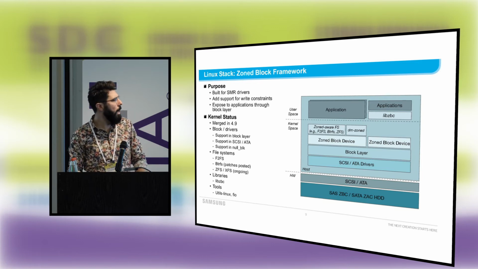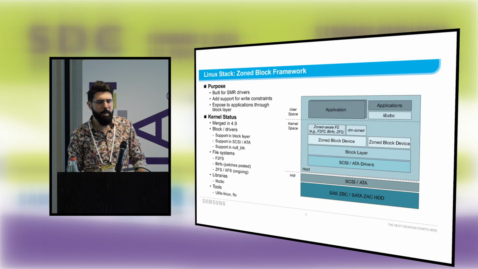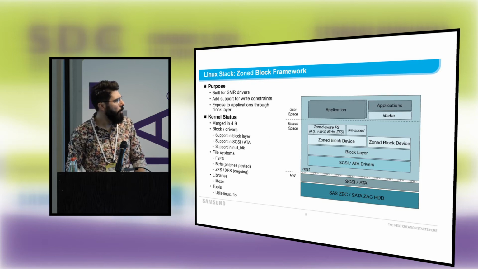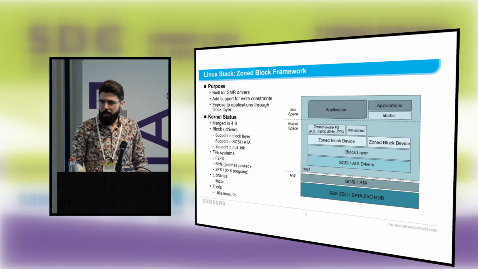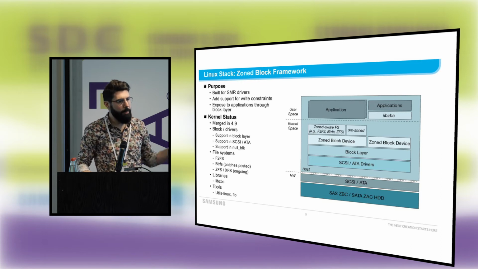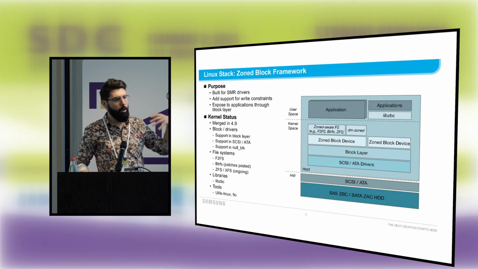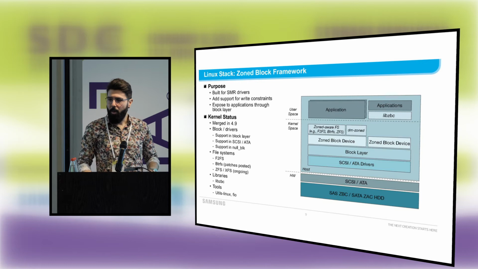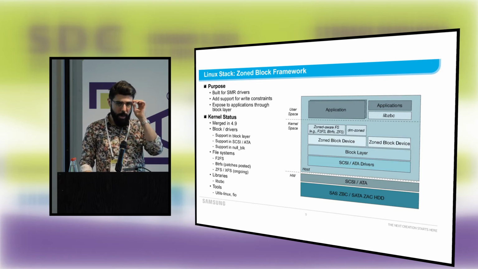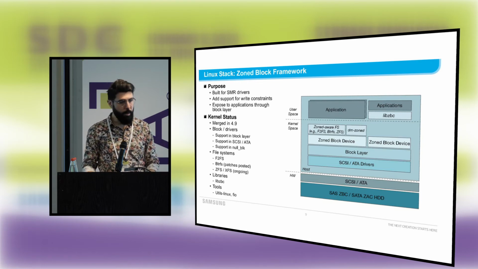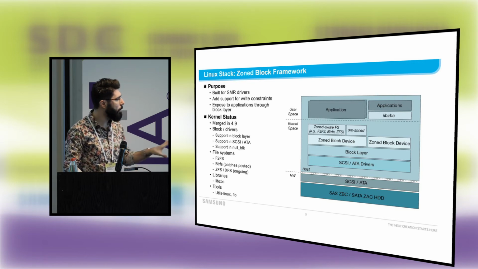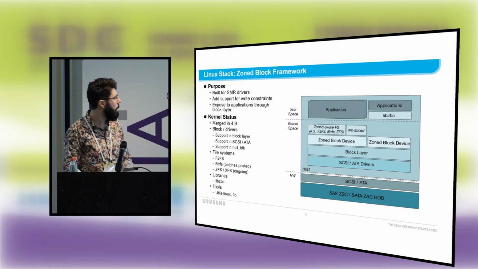Damien from WD also pushed recently, I think he's at V5 or V6, something called ZoneFS. That is basically a file system that statically maps zones to files. So it might simplify the way you implement zone adoption, at least for SMR drives. We'll see for ZNS how we look at it.